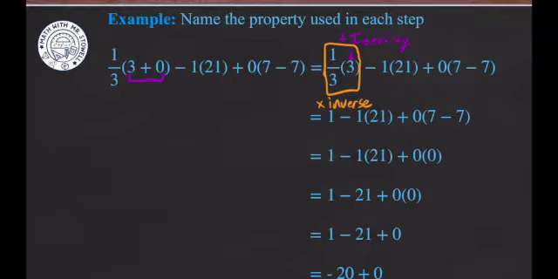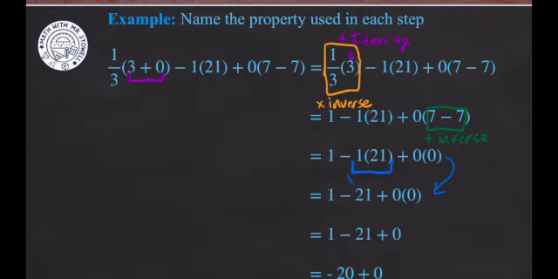The next step, the only thing that changed is that 7 minus 7 became 0. Well, 0 is the identity of addition and subtraction. So this would be our addition inverse, because it took us back to the identity. For the next step, the only thing that changed from this step to this step is that we multiplied 1 times 21.